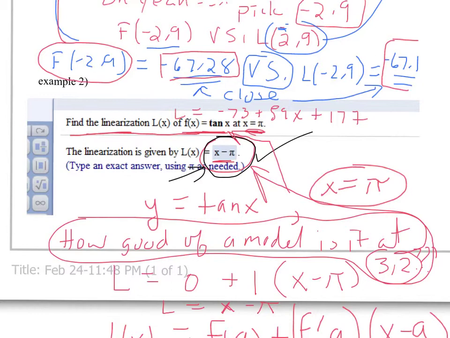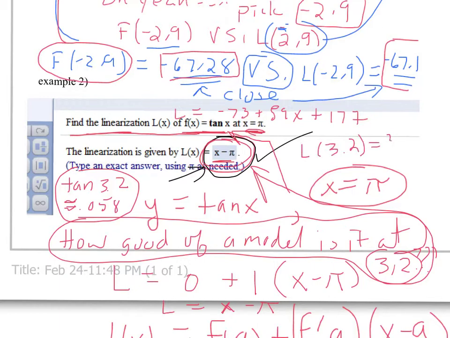So tangent of 3.2 is about 0.058. I'm just going to make a mention here: tangent of 3.2 is about 0.058. Now, check this out. What's the linearization at 3.2?